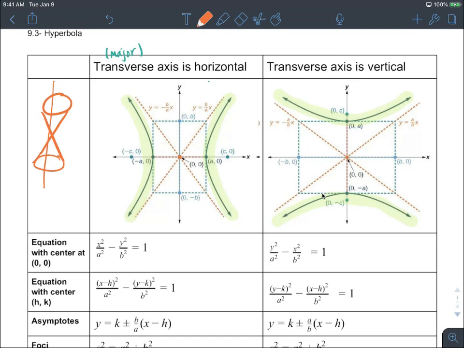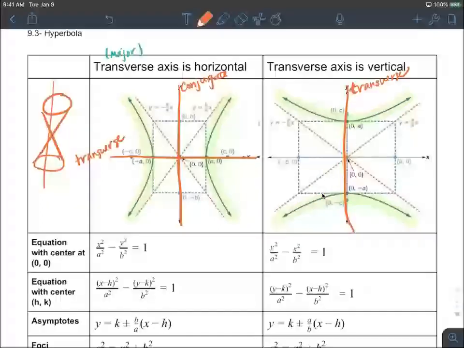The direction it faces, in this case, the x would be the transverse, and the y-axis would be the conjugate axis. Since the hyperbola is facing vertically, this would be the transverse axis, and the horizontal would be the conjugate.